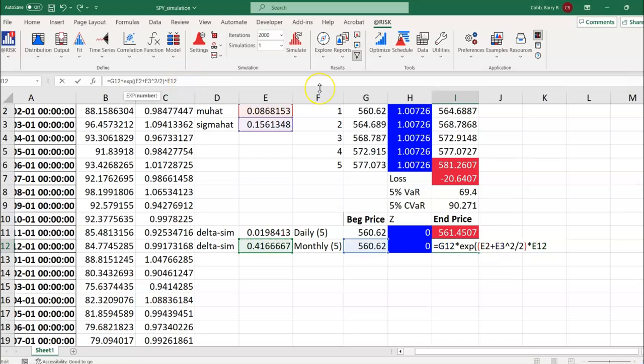I'm not going to copy this one, so it's optional. And then we would say plus the sigma hat times the square root of the delta for the simulation, the monthly one, times the standard normal random variable. And that would be our ending price after 5 months.